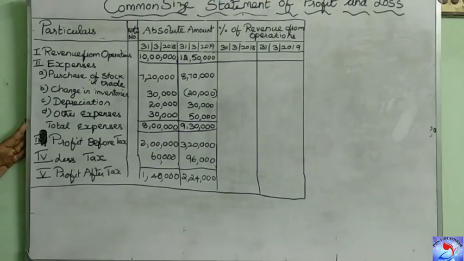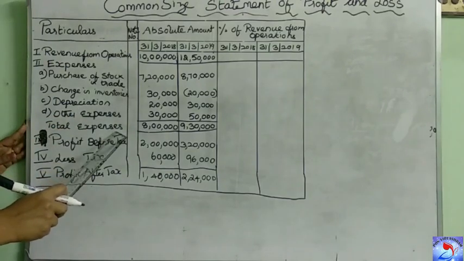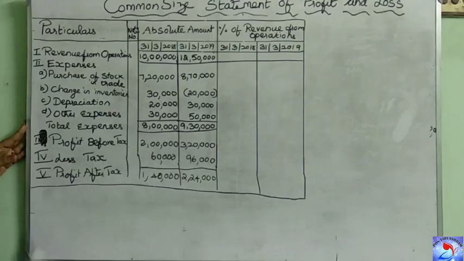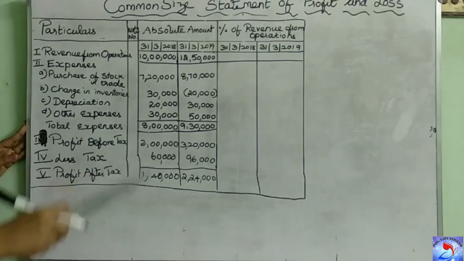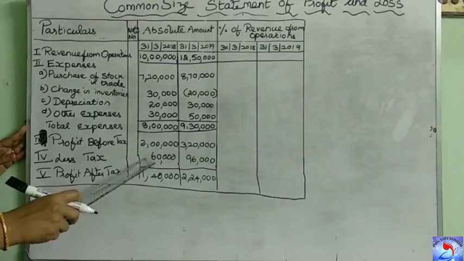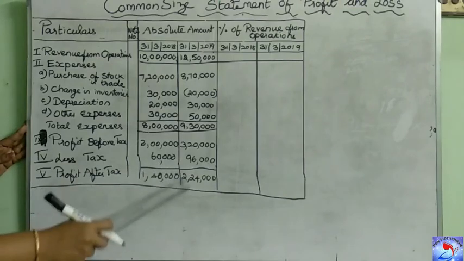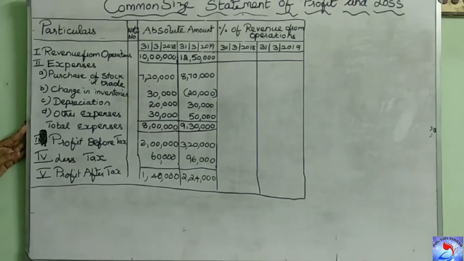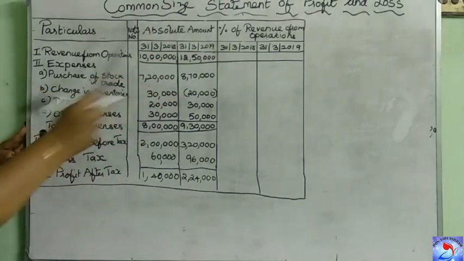Revenue minus expenses gives profit before tax. After finding profit before tax, you subtract the tax amount which is given, which gives you profit after tax. This is the format of the profit and loss account.